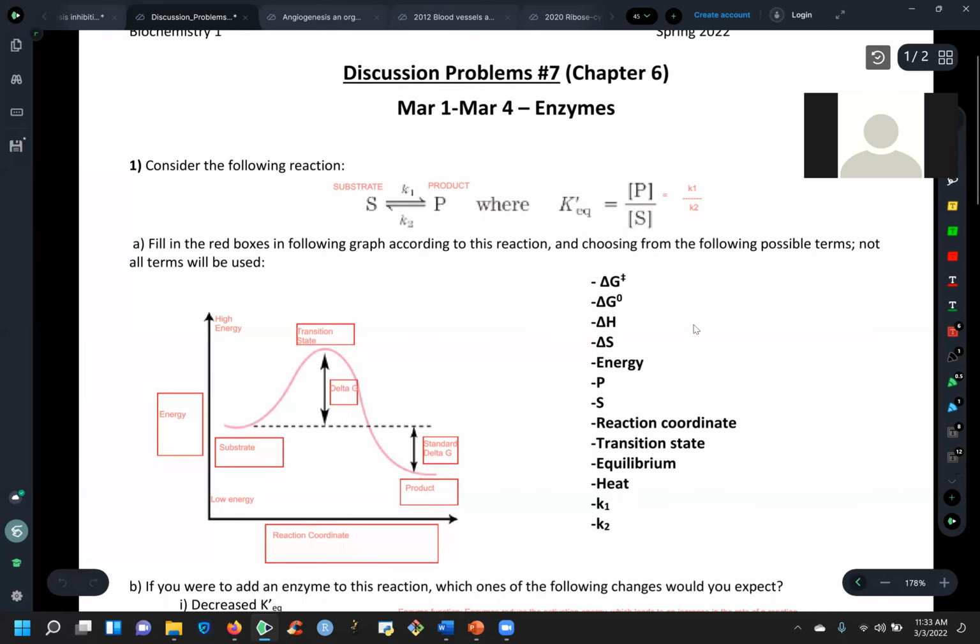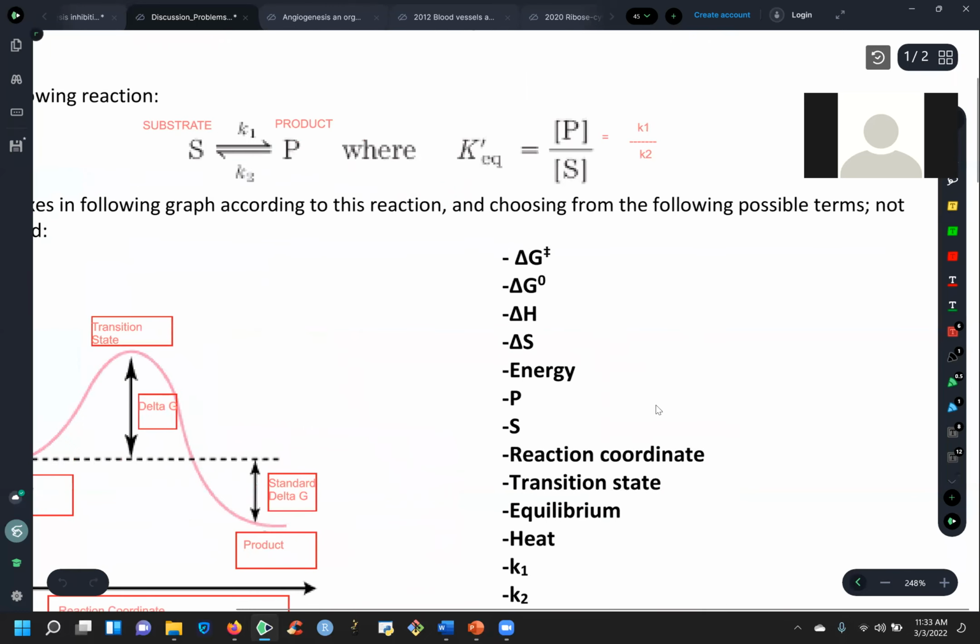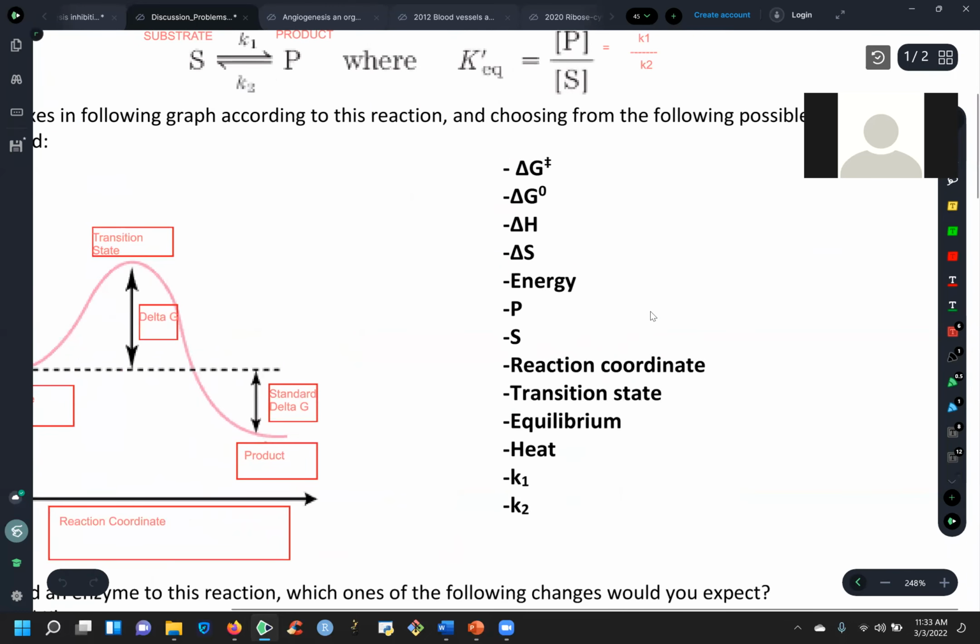So here, I would recommend for your next test, I hope that after your first test you realize how important it is to have your terminology down. You can't say, I think this is that. You have to know for certain what things are.